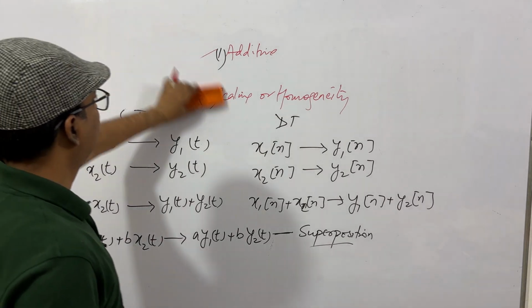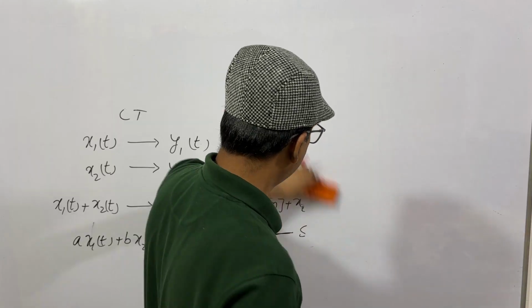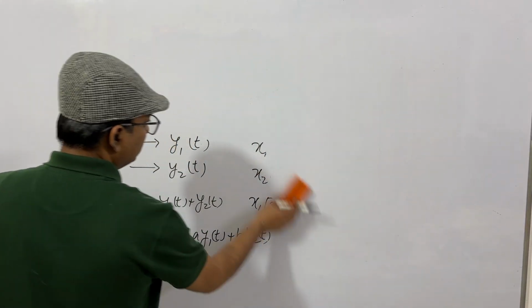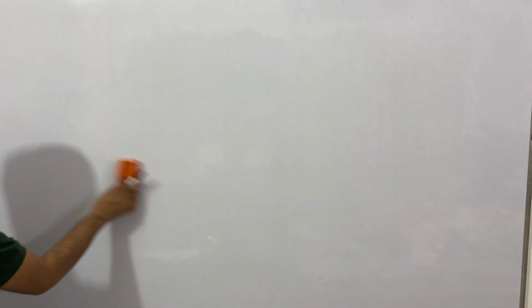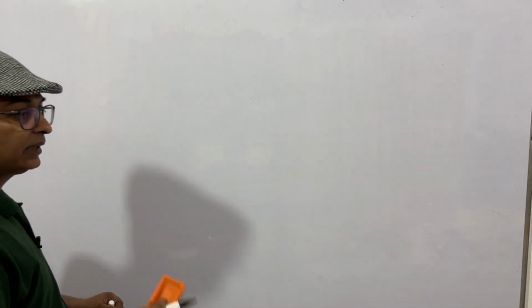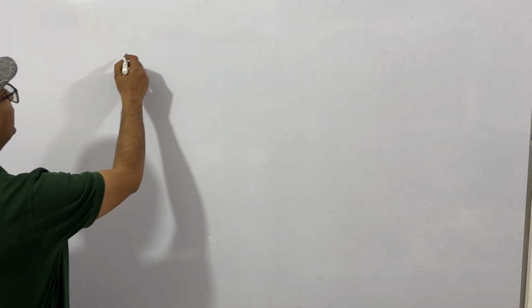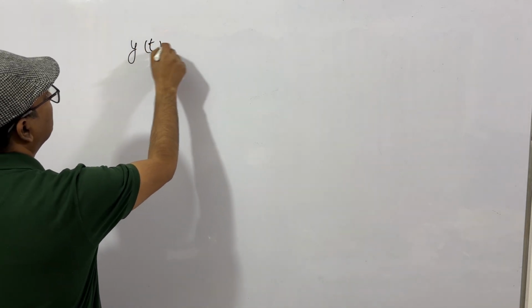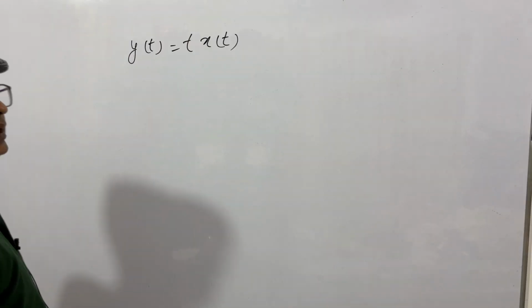Let's see some questions and understand this property. A very familiar example, I have used it in the last video also. Solving the same problem or looking at the same solution again and again will give you a new insight every time you look at it. So if your y(t) is t·x(t), is the system linear?